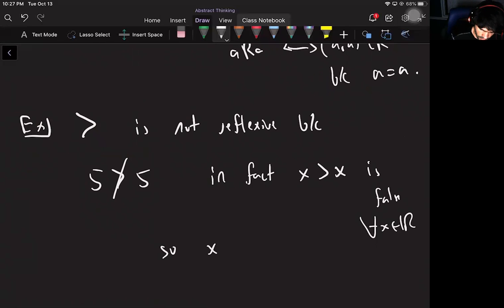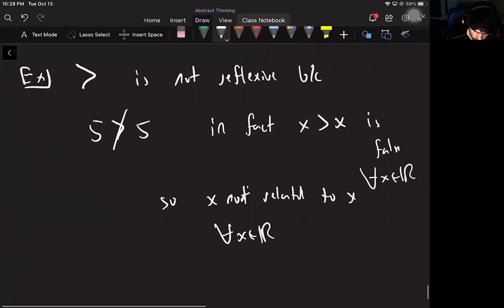So x is not related to x under this relation. Still a relation, but it's not reflexive.